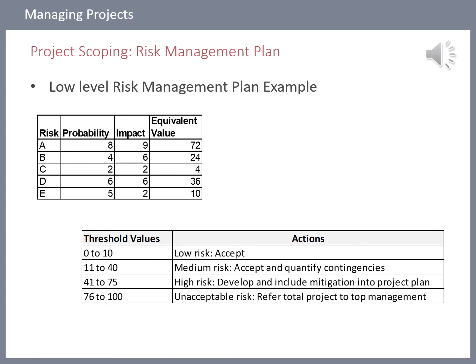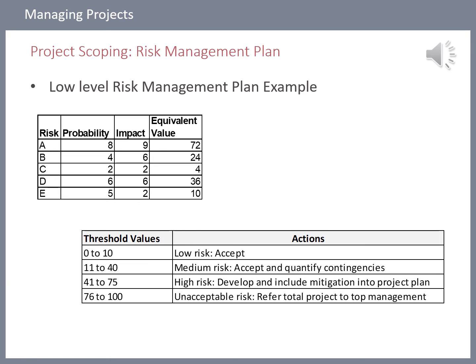Then we've identified the impacts of these risks. Again, a scale of 1 to 10, low being a very low impact on either my scope, cost, or schedule. And then I've multiplied those with each other to get an equivalent value. That is specific to my project. This is specific to my risks.